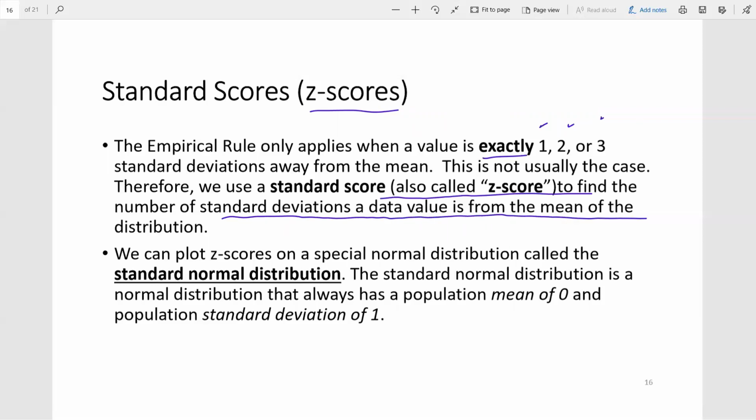It could be plus so many standard deviations or a negative number of standard deviations. Now we can plot these z-scores on the standard normal curve, called the standard normal distribution, and look at where the data really lies on the normal curve.